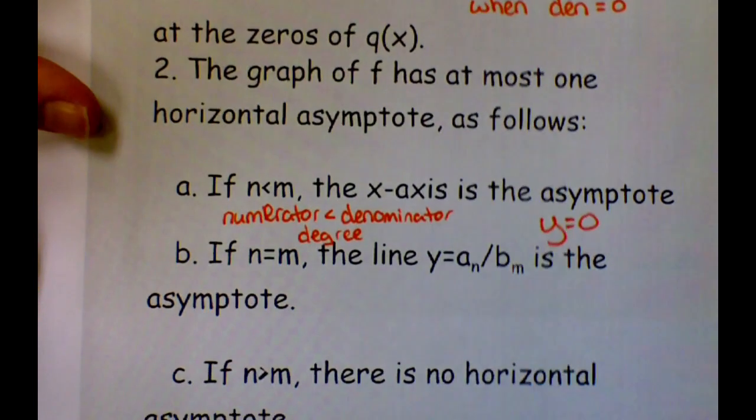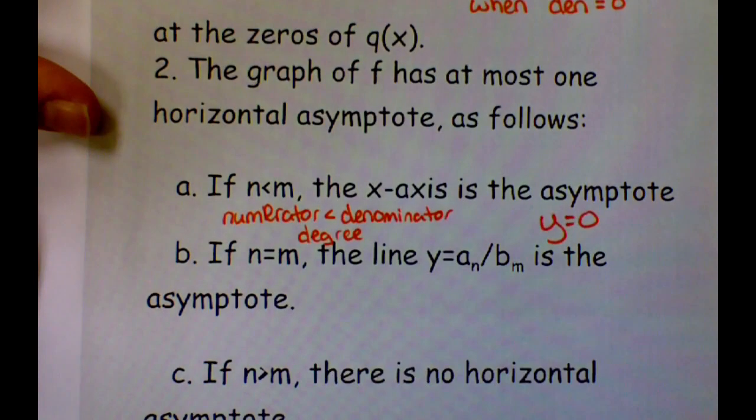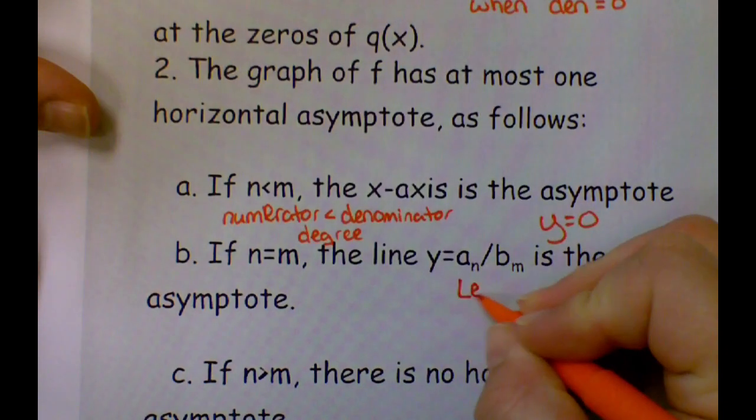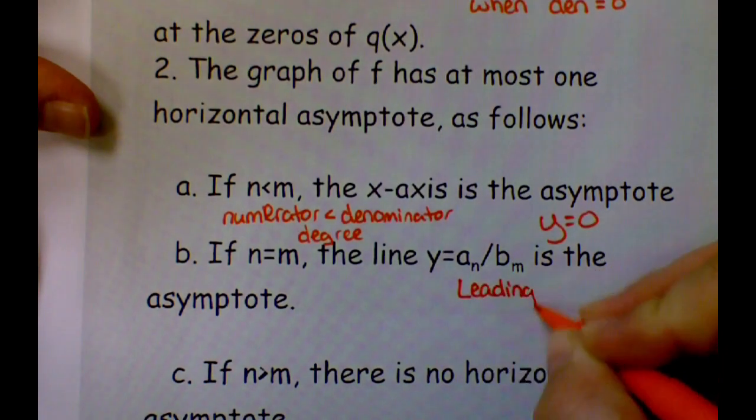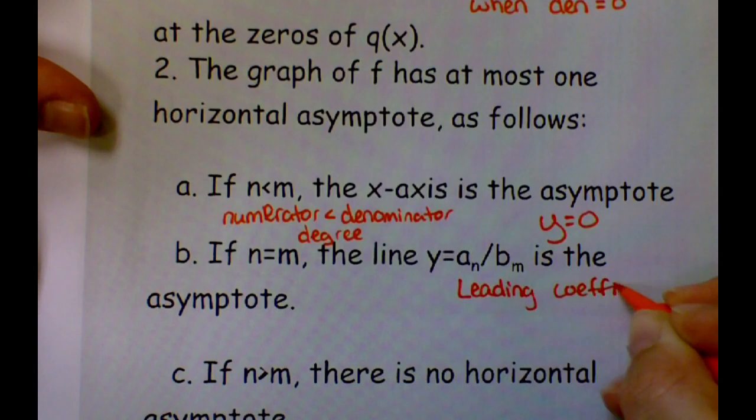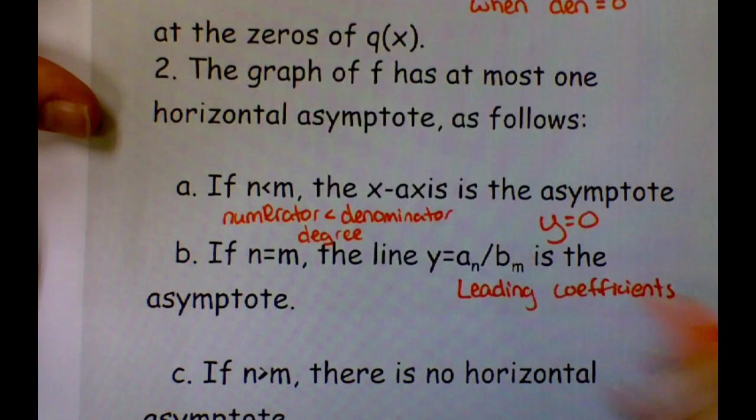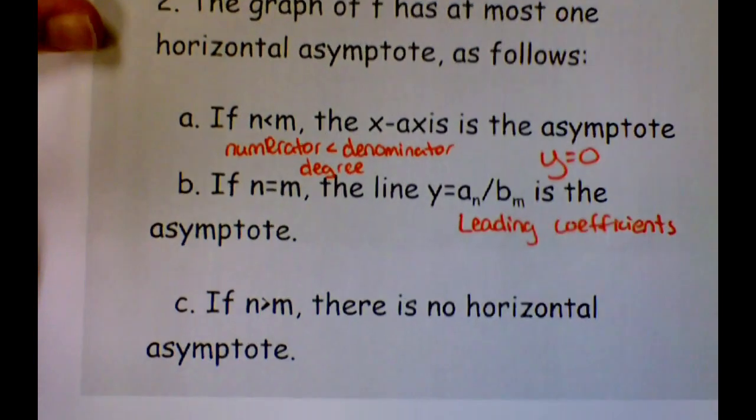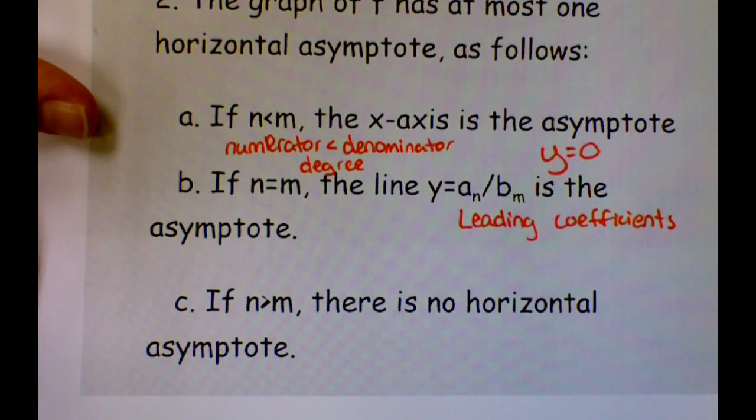If n equals m, so the numerator and denominator have the same degree, the line y equals a sub n over b sub m is the asymptote. Those are the leading coefficients, as a fraction, simplified. And if n is greater than m, which means the numerator has a bigger degree than the denominator, there is no horizontal asymptote.